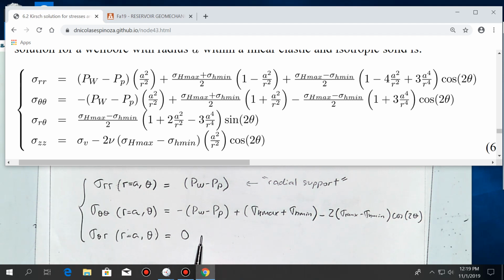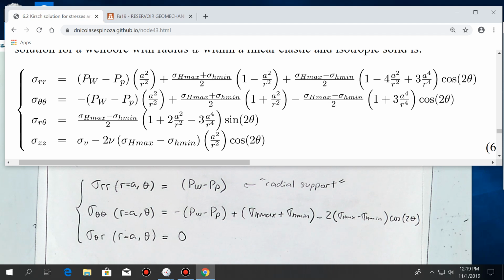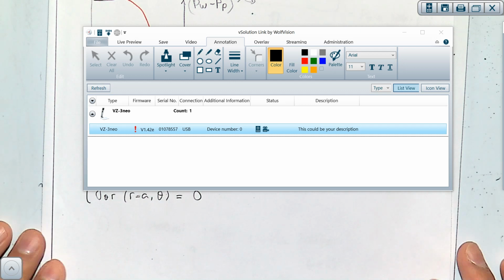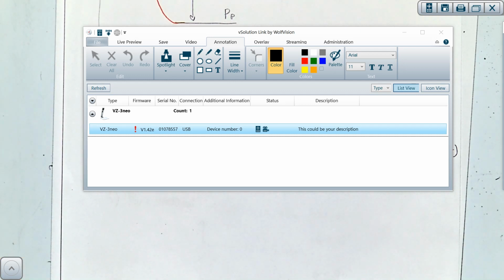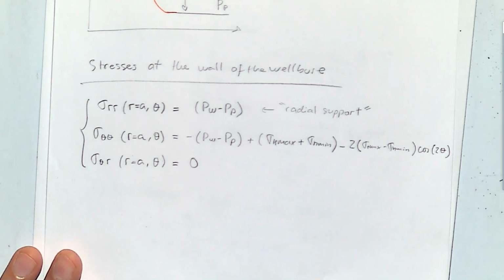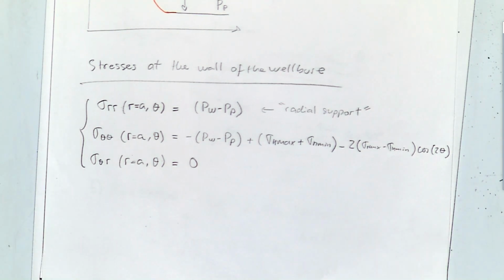So that's what is called a free surface, and it cannot have any shear at all. All right, so now with these equations, which are simplified at the wall of the wellbore, we're going to be able to use them in order to tell when the wellbore fails, either in tension or in shear.